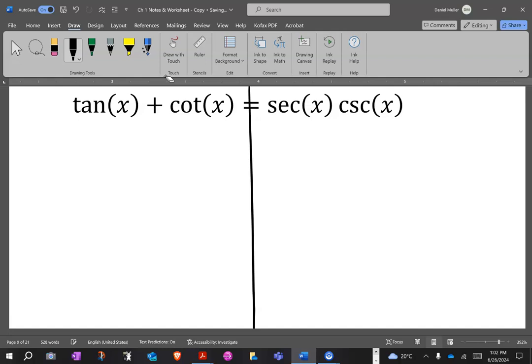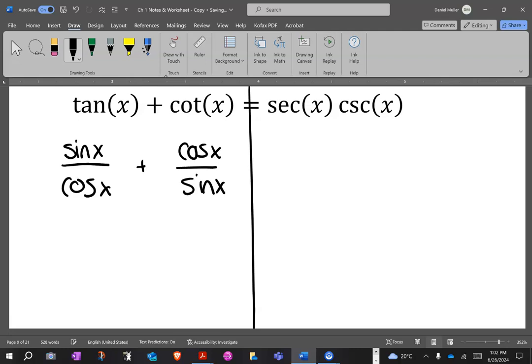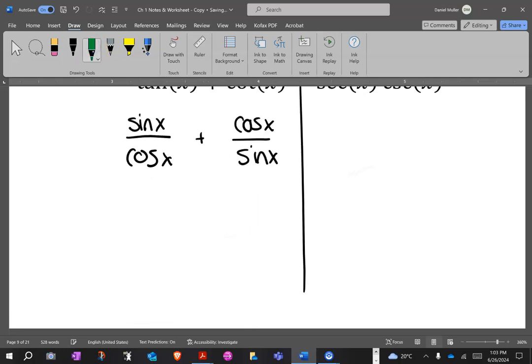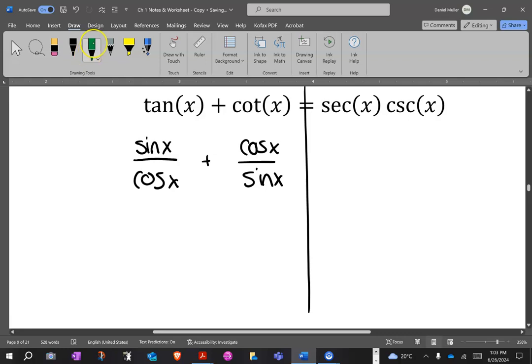So tan is sine over cos. So I'm doing the first step, which is just turning everything to sine and cos. Plus cotangent is the flip of that, so that's cos over sine. And now I see two fractions with an addition in between, which will require me to do a common denominator.